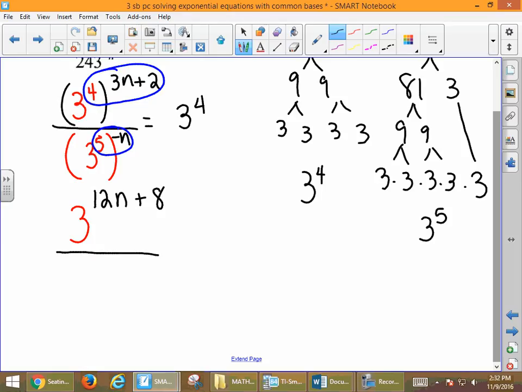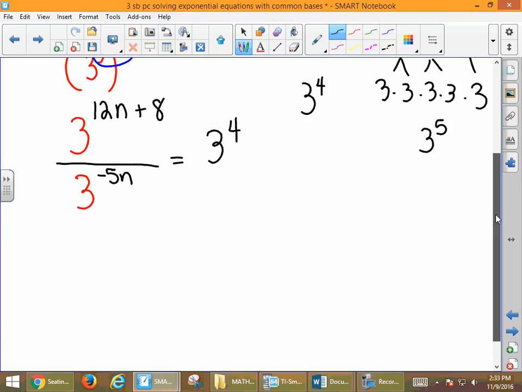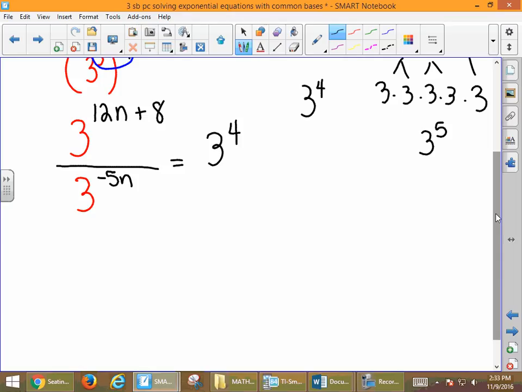In our denominator, not quite so complicated, we simply need to multiply the 5 and the negative n together, and we get negative 5n. And then on the right side, we still have the 3 to the 4th. Well, we need to think back to our exponent rules, and when we divide, what our exponent rules say is that we subtract.